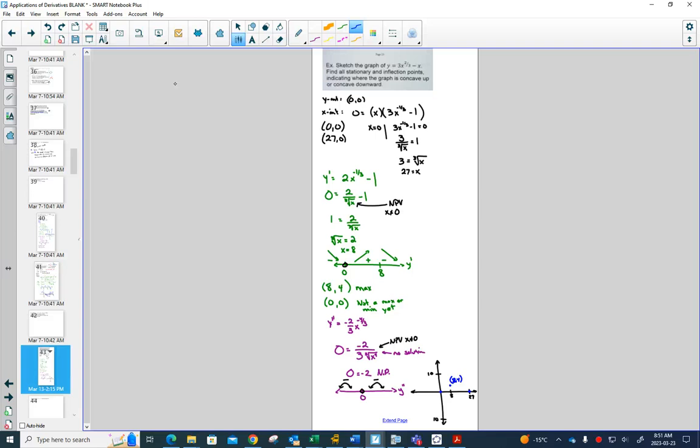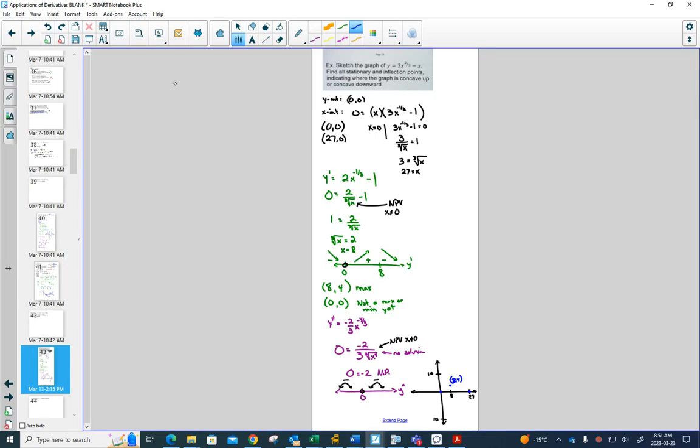And we know that the concavity everywhere is down. And one of the things I had mentioned from before is usually when you're graphing, you start from your inflection points. Or in this case, we have no inflection points, but we are still going to start at 0 and look at what happens there.